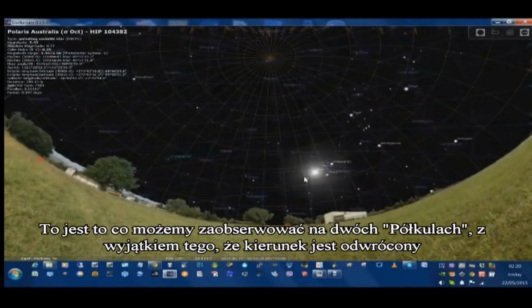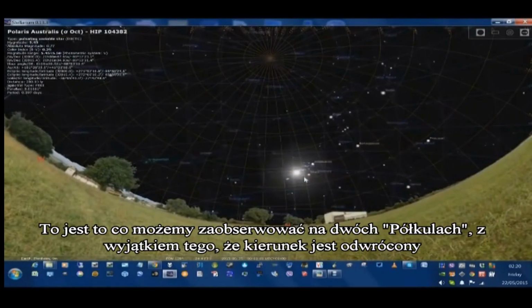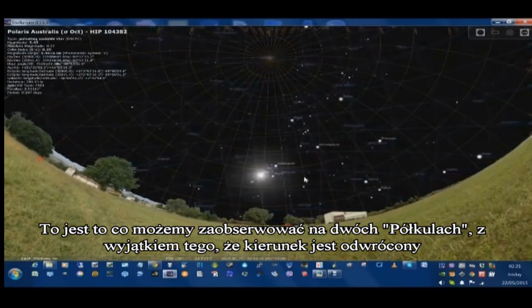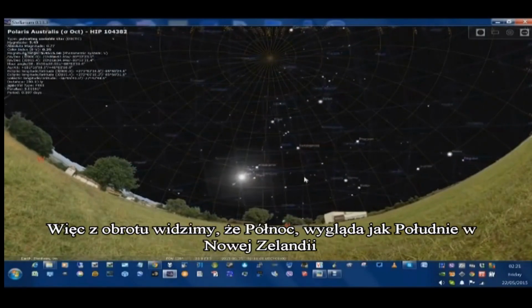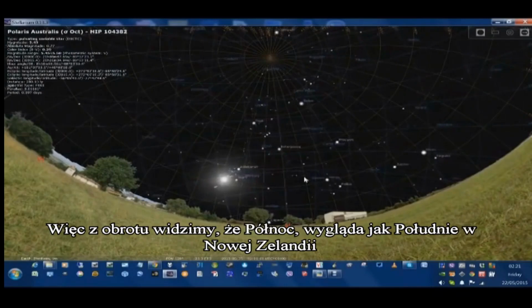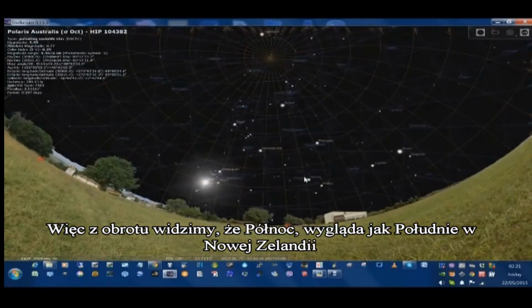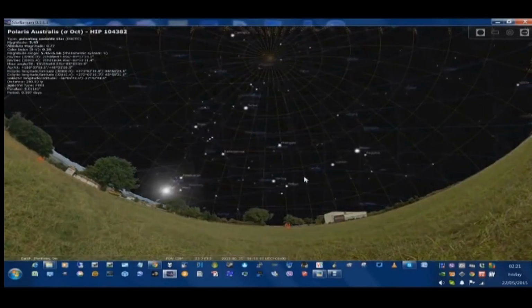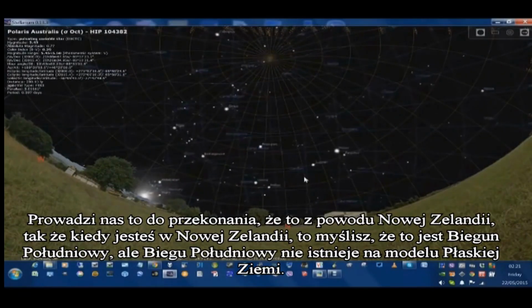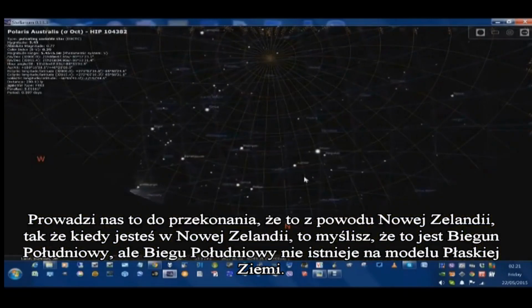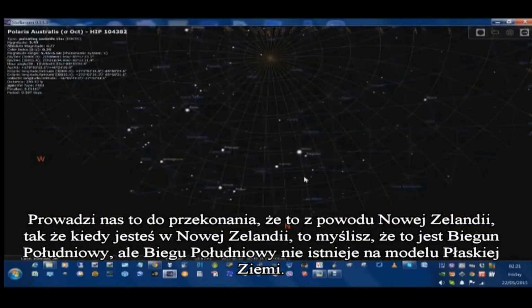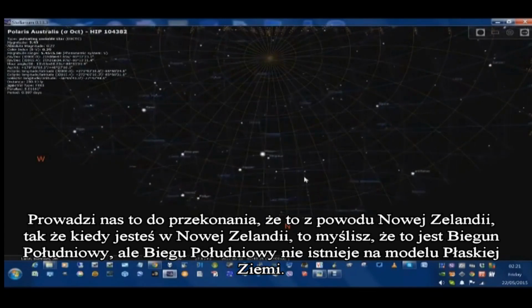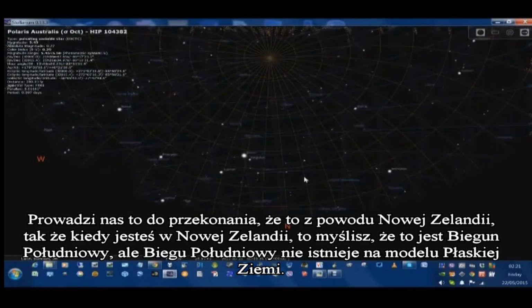Okay, so that is what we observe in both hemispheres, except that the direction is reversed. So we see things rotating around when we look north in England and when we look south in New Zealand. So we're led to believe that that's because in New Zealand, if you're in New Zealand, you think you're looking towards the South Pole, because South Pole doesn't exist in the flat Earth model.